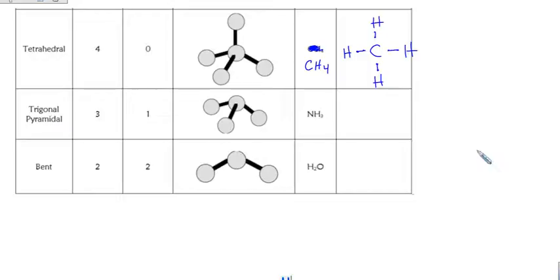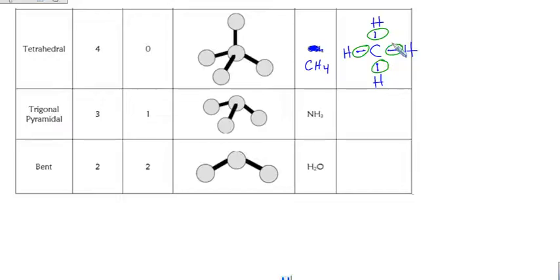Specifically, how many bonding groups of electrons? How many non-bonding groups of electrons? In a tetrahedron, all four electron groups are bonding. So here's 1, 2, 3, 4. Those bonding electron groups are all negative. They'll repel and orient themselves as far apart as possible.